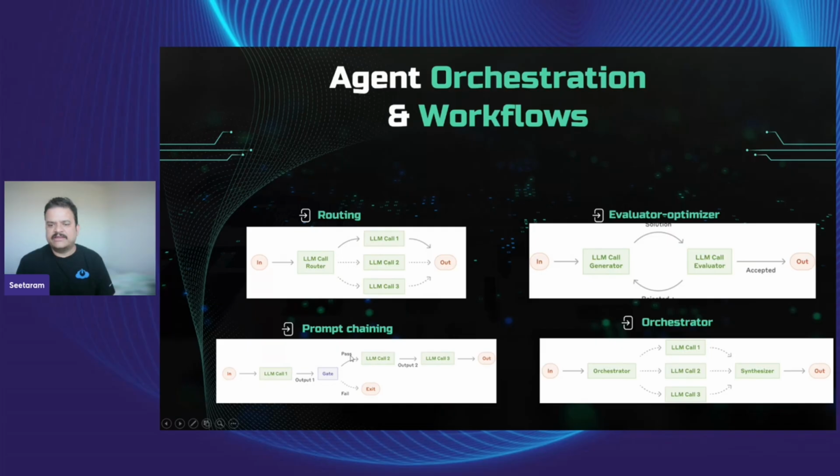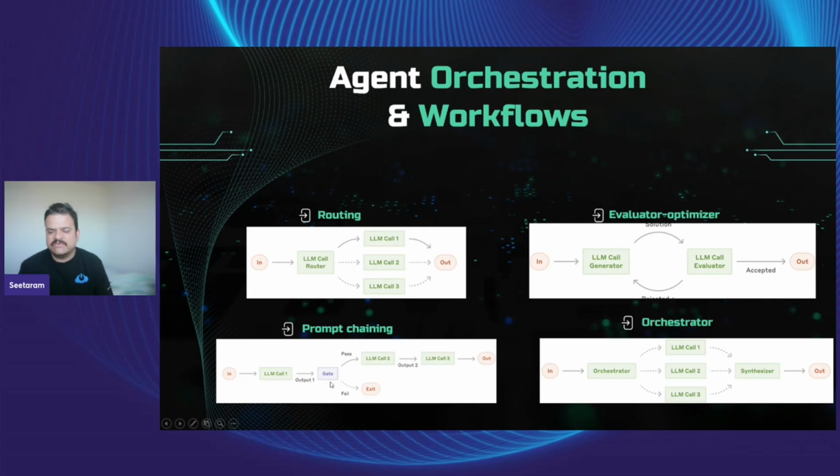Another good technique is prompt chaining. What is prompt chaining? You have an input, and the input is given to the LLM. The LLM agent call is going to make a call. There will be a gate. Based on this gate, it will either move to the next agent or fail. So the gate acts as a check on whether to continue chaining or stop chaining.